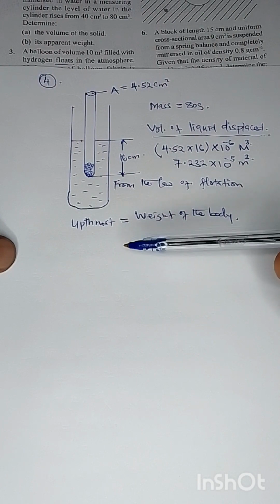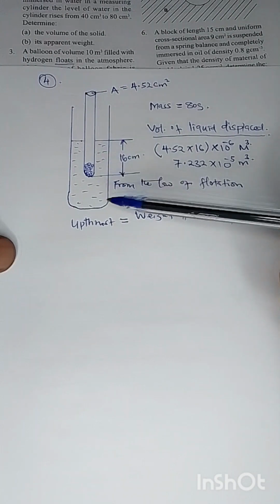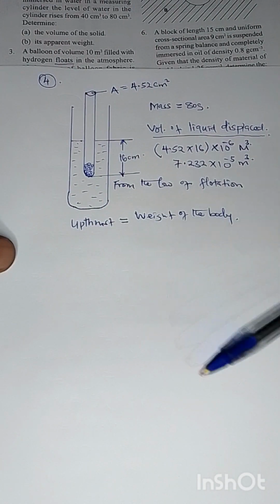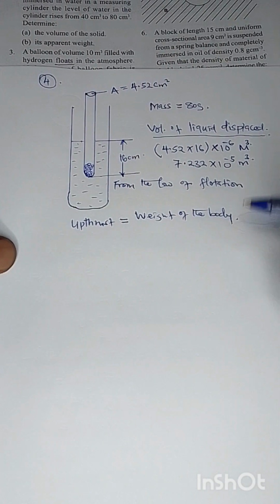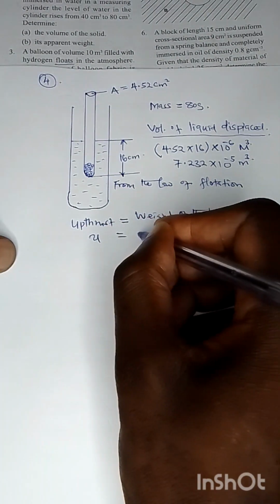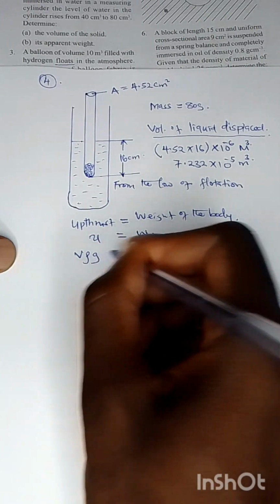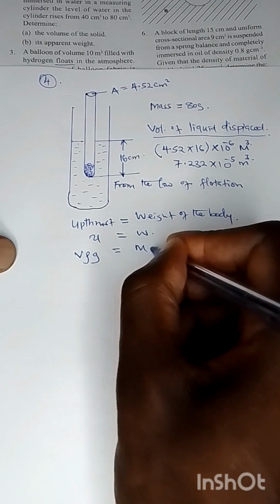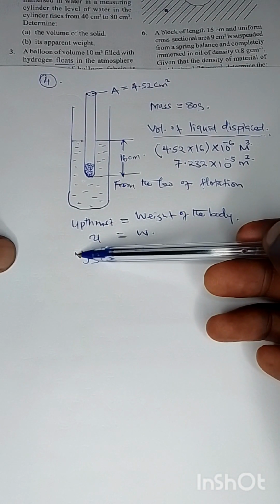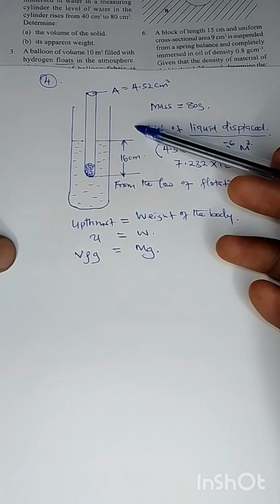Whatever is being displaced here is this liquid, whose weight is just upthrust. So upthrust is equal to the weight of the body, of the test tube now. Upthrust is given by V rho g and weight is given by mg. So in upthrust here, this V is the volume of this liquid displaced, which we have calculated up here.